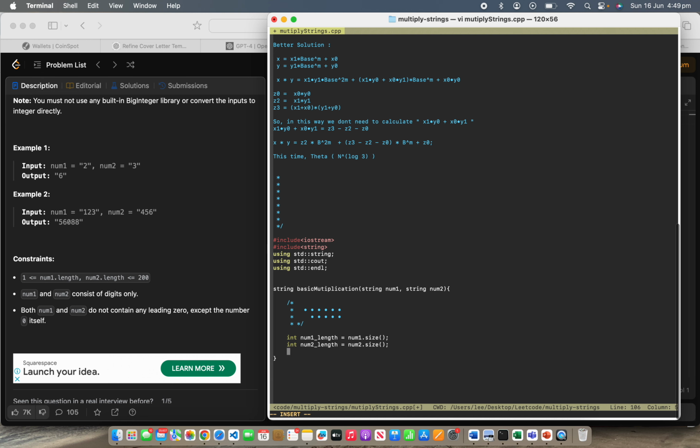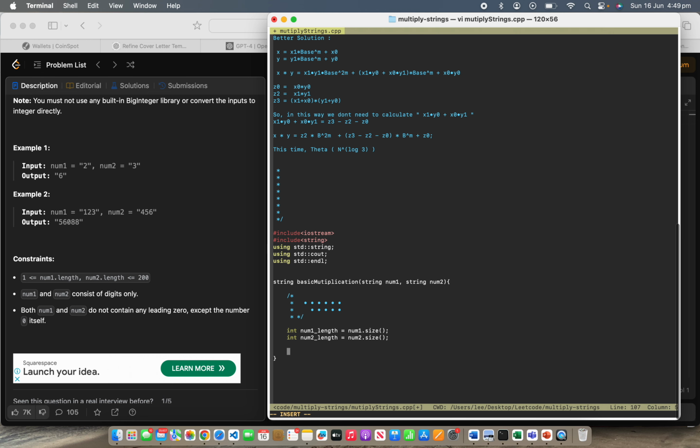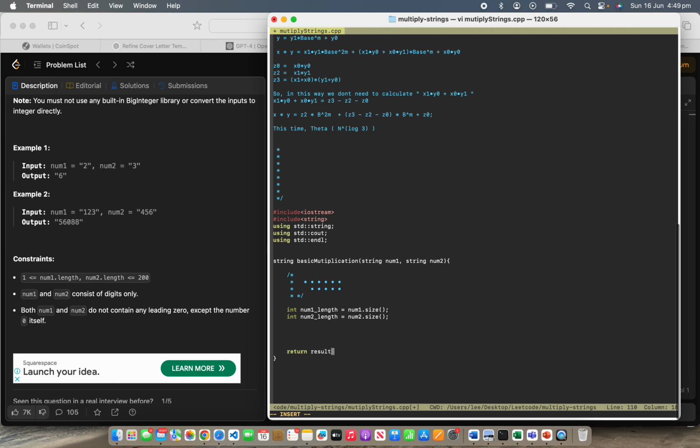Okay, so we're going to initialize the result, which we're going to return finally, using a constructor of the string. Well, maybe I do this correctly, I think, probably. Let's verify it later when we run the program. So number 1 length plus number 2 length, and initialize every digit with 0, which is a character.